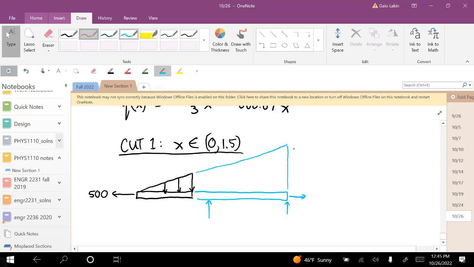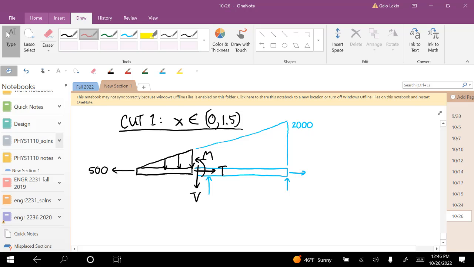Up here, the height of this triangle is 2,000. But what's the height of the triangle that's included in our part? Because we can't calculate the area without that height.